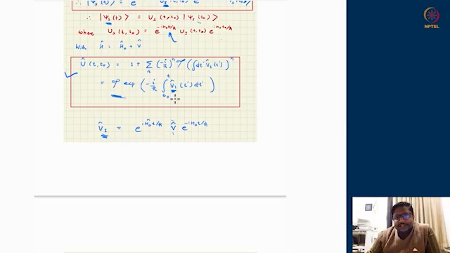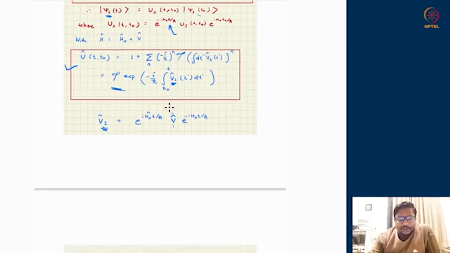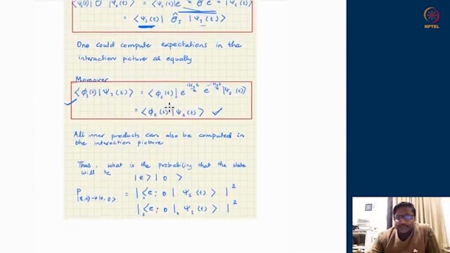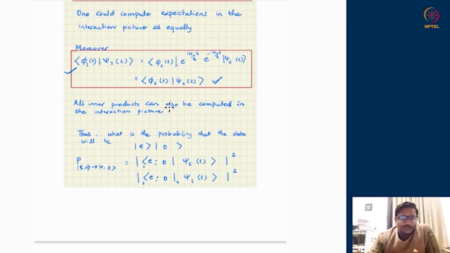So ultimately, in the interaction picture, the interaction Hamiltonian plays a central role, and the information captured by them is as good as the Schrodinger picture. So we will see how the Unruh-DeWitt detector makes use of that.